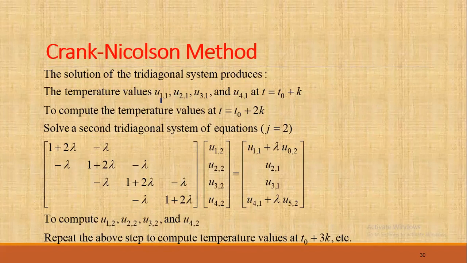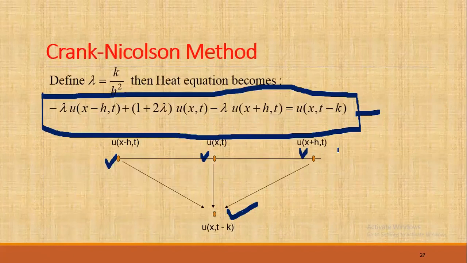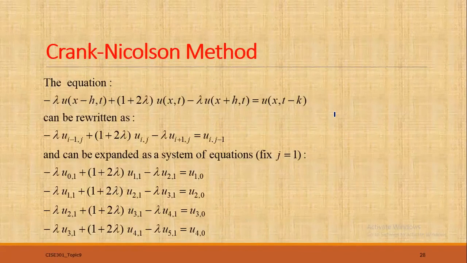The solution of the tridiagonal system gives the values u11, u21, u31, u41 at the time point T0 plus K. Then we compute the temperature values for T0 plus 2K. After that, we form the second tridiagonal system for j equal to 2, and we get the discretization values for this second step.